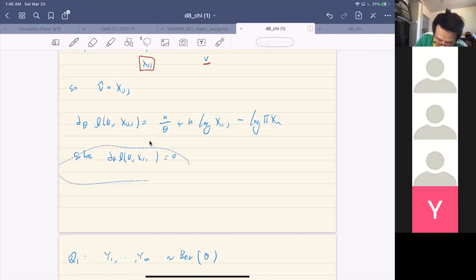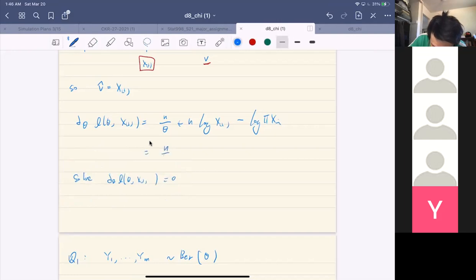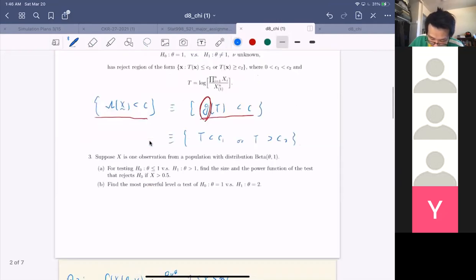Let's reduce this form first. So it should be n over theta, and it can be negative this. And remember t is this quantity.